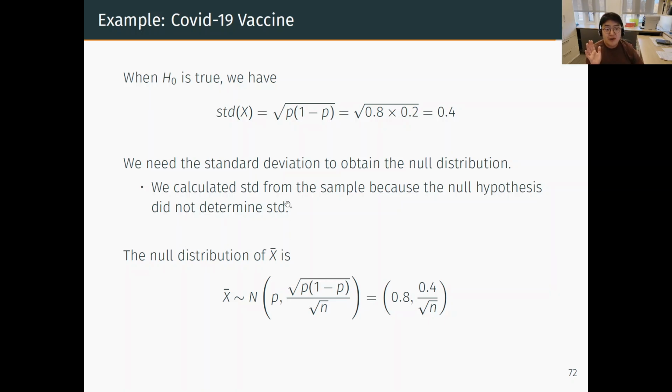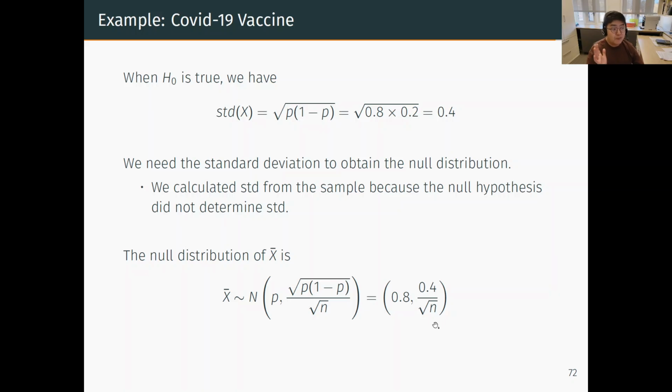If your null hypothesis is correct, then the sample average will follow approximately a normal distribution with the mean that is assumed in your hypothesis and a standard error that is also implied by your null hypothesis. In our earlier examples, the standard error, the variance part, was not fixed by the hypothesis, but now it is. So the parameters are given by 0.8 and 0.4 divided by the square root of the sample size.